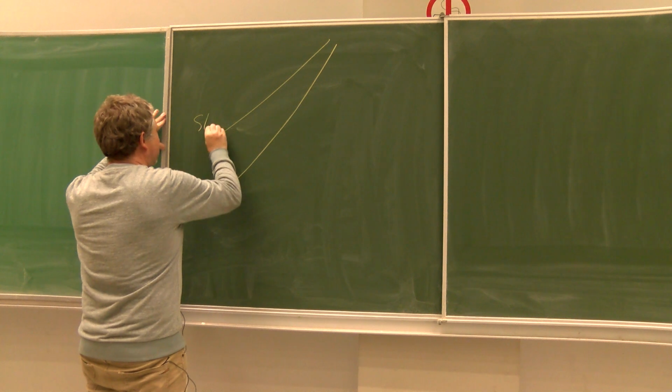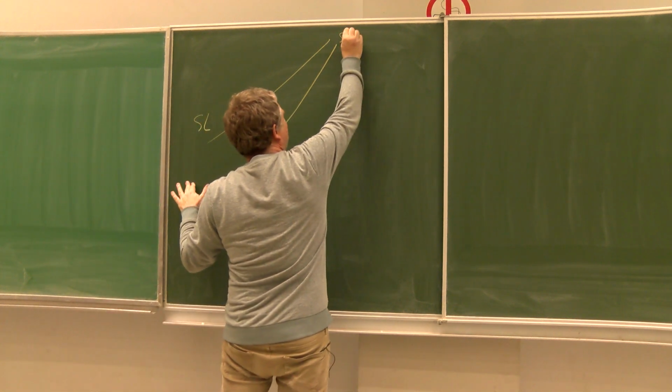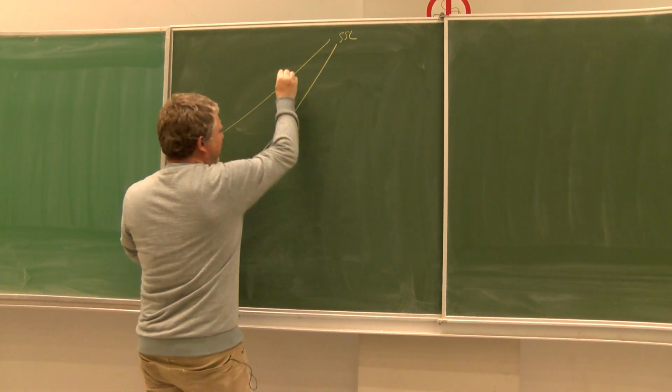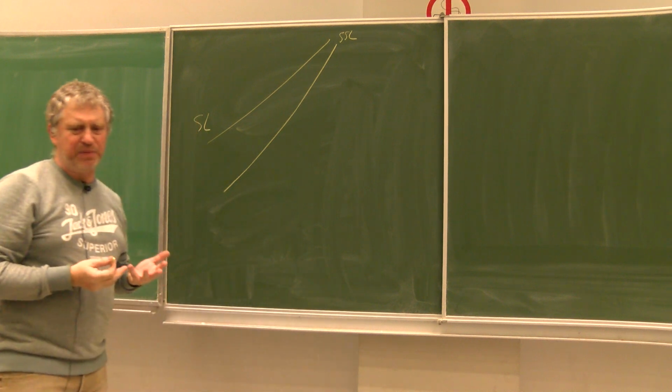The surge line is here, the steady state line is here. Why do we need such a distance between them?